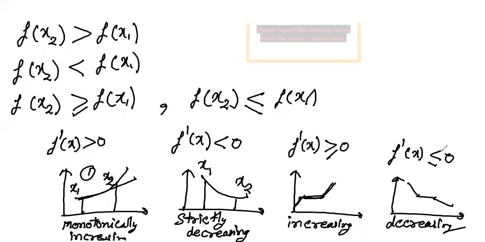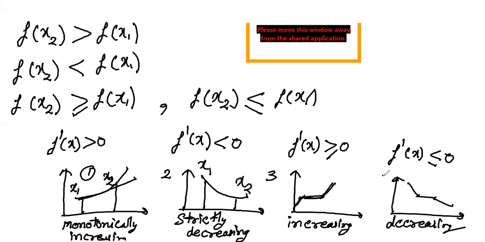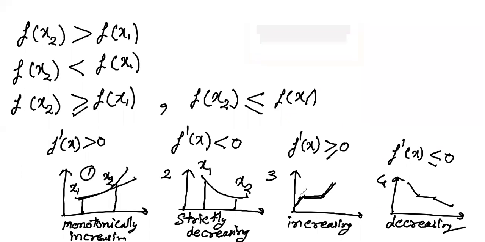See, we have 4 types of function. One is an increasing function, है ना? It is always increasing. This is first, this is second, this is third, and this is fourth. What is the difference between first and third? First is always increasing and third is increasing, then constant, then increasing.